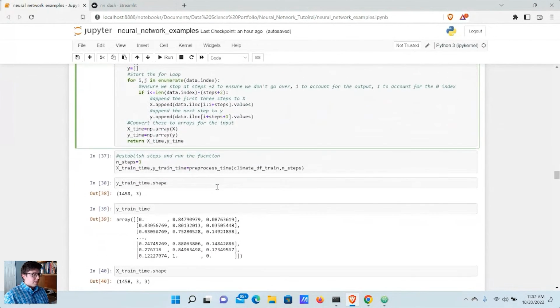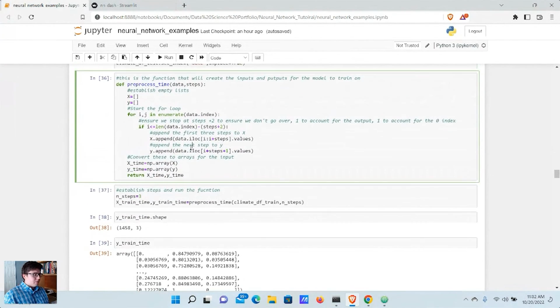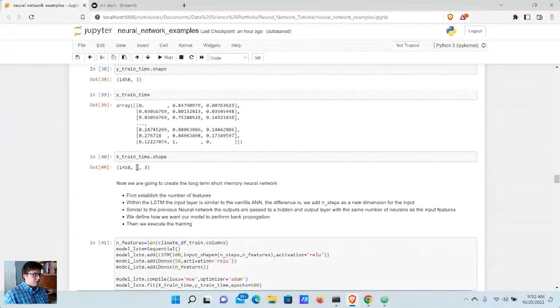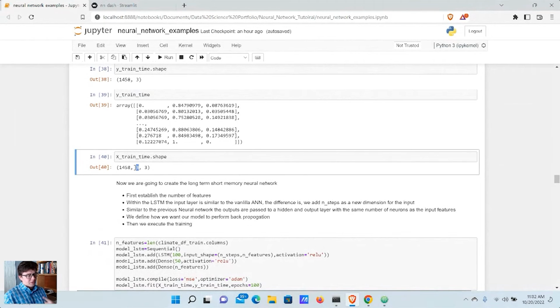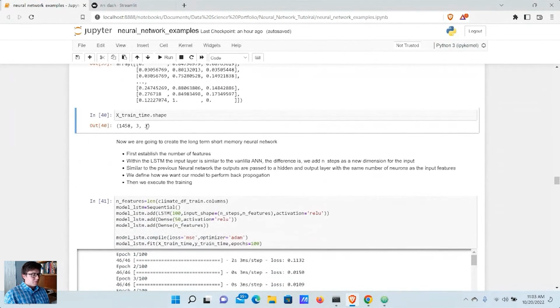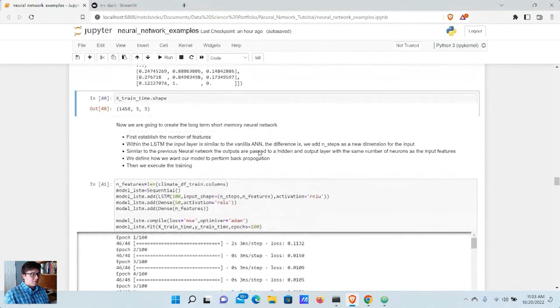So in this example, you can see we have 3 steps. So essentially, we have a collection of 1458 matrices that are 3 long, and then we have our 3 variables right here. So that's essentially what this is.